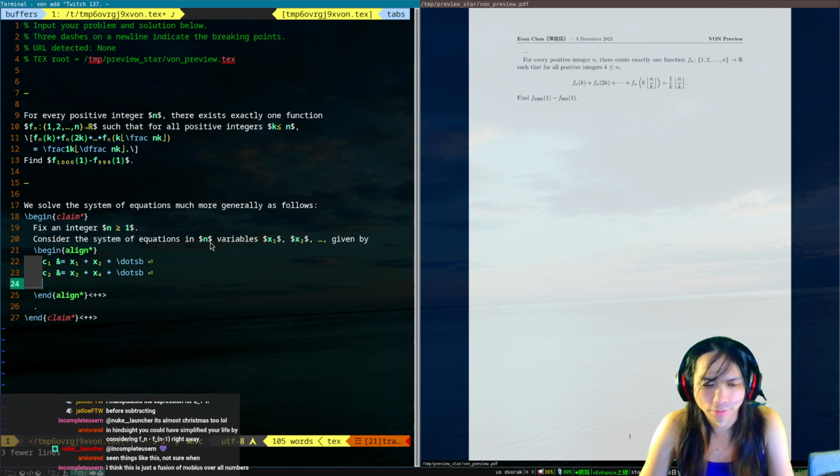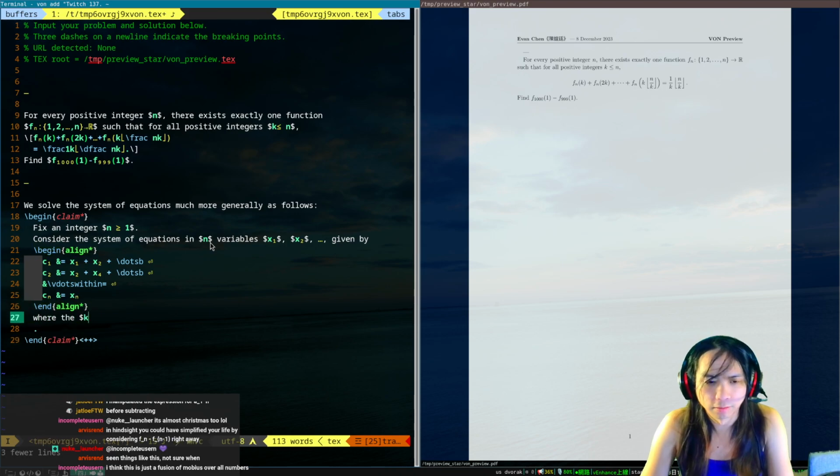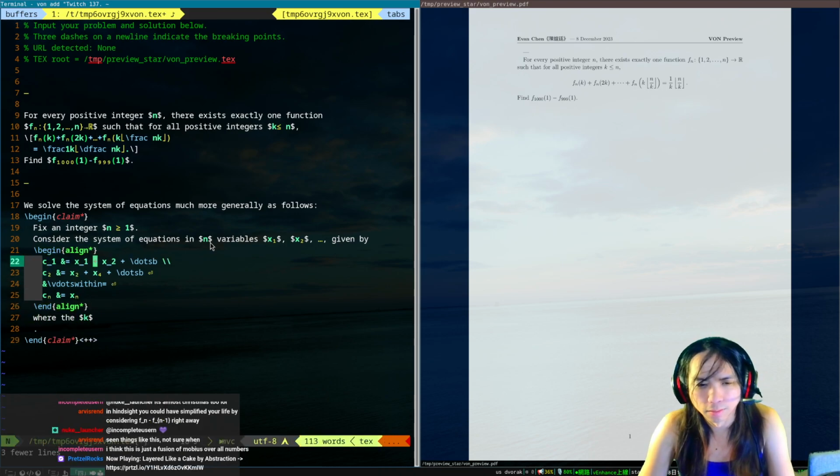Does my editor not conceal dots? I need to fix that. Cn is equal to xn, where the kth equation. Let me write out more terms so it's more obvious what the system is.